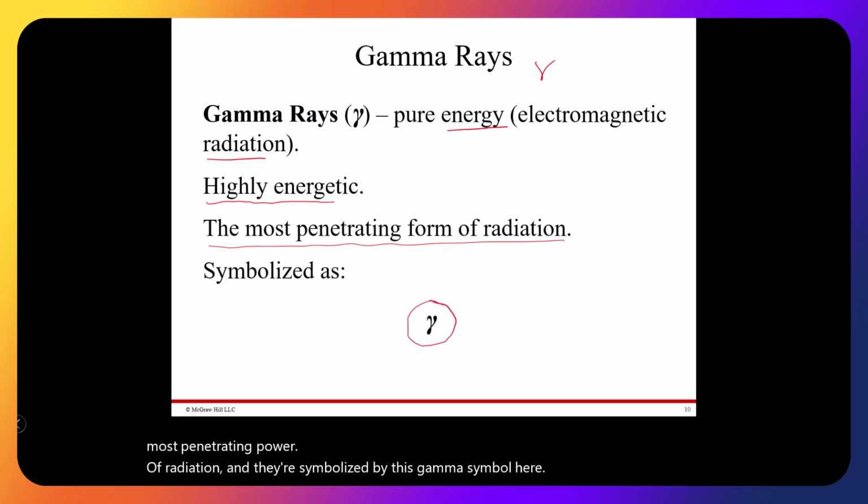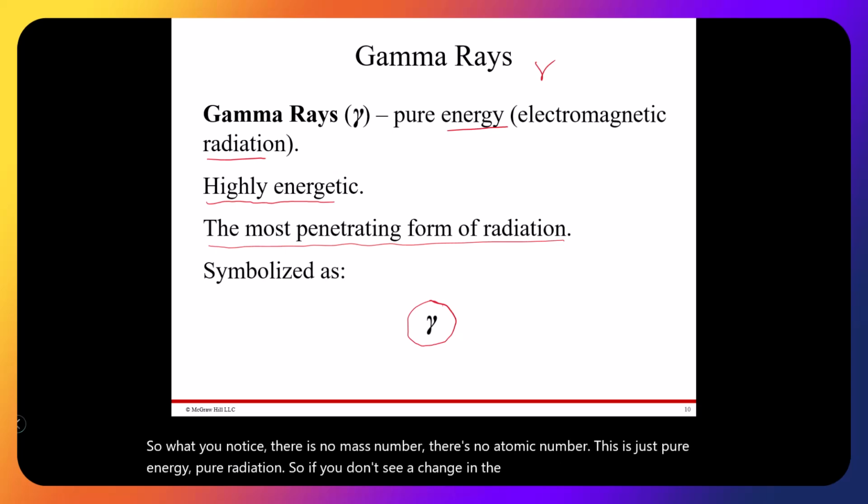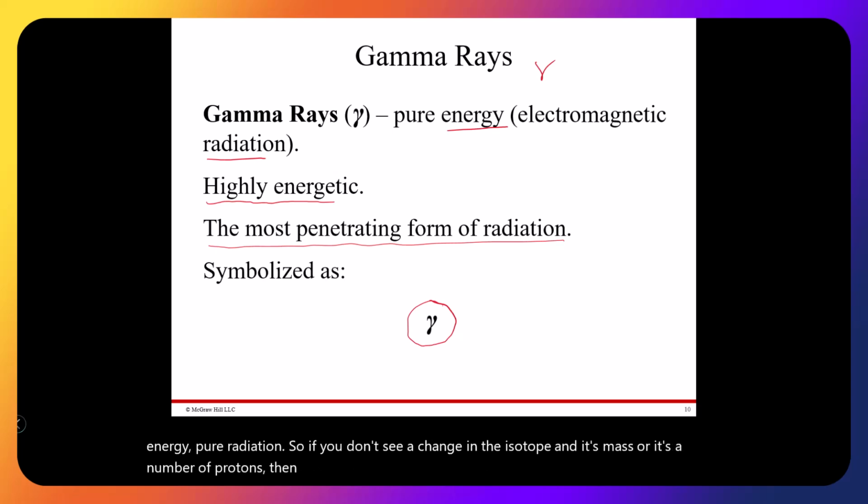So what you notice is there is no mass number, there's no atomic number. This is just pure energy, pure radiation. So if you don't see a change in the isotope in its mass or its number of protons, then gamma is going to be the telltale sign.